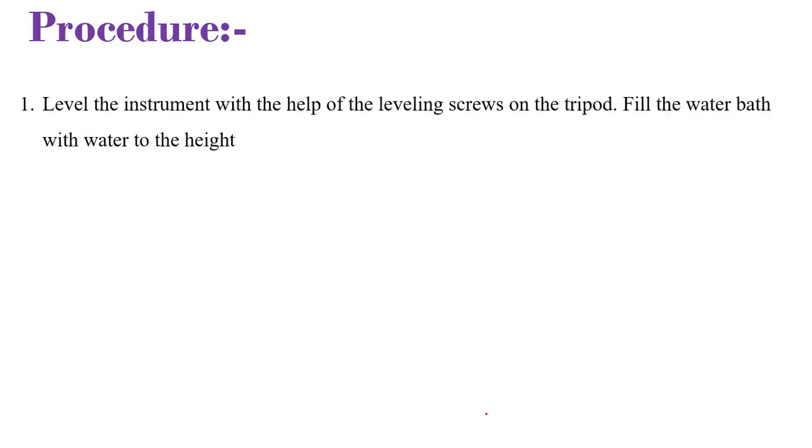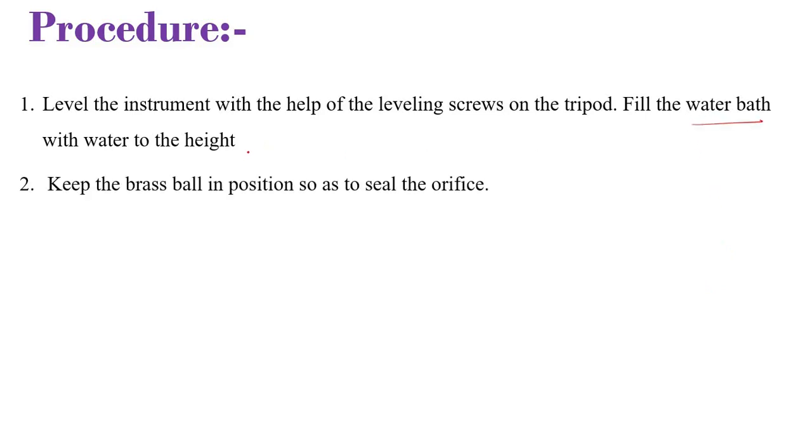Now we will see the procedure of determination of viscosity of lubricating oil. You have to level the instrument with the help of the screws given at the bottom. Then fill the water bath to the particular height. Then keep the brass ball, also called the ball valve, in position so as to seal the orifice, the hole provided to the cup.